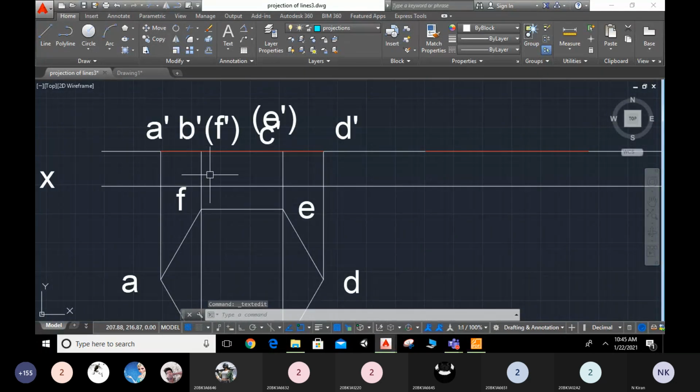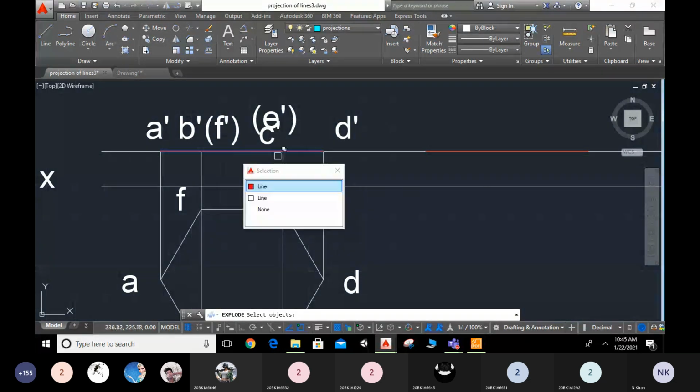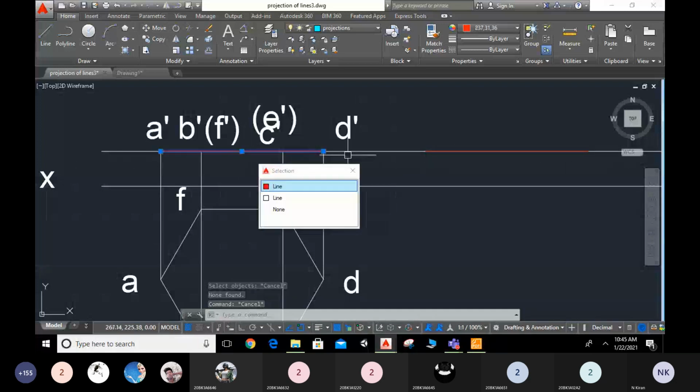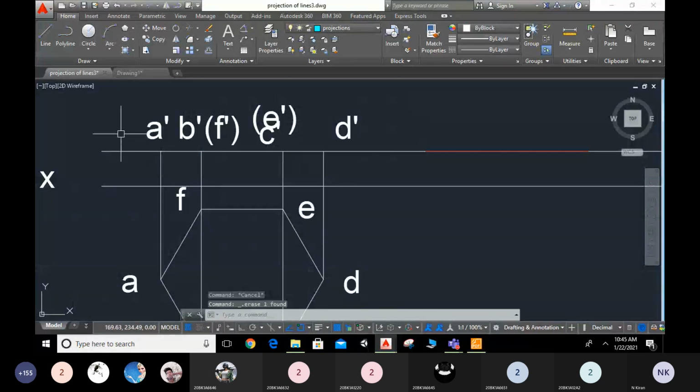Now, if you are taking this one, I will explore this line. Otherwise, instead of this single line, I will divide it and draw some other lines. I will delete this line and select the line on every point, like this. Up to here one line, up to here one line, and up to here one line.